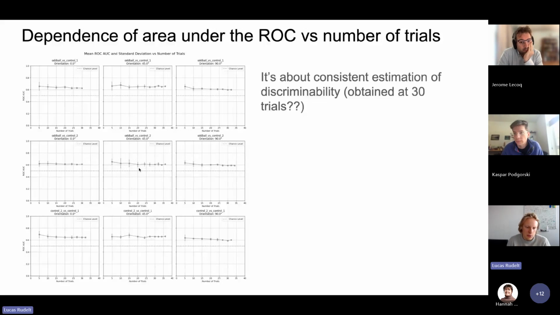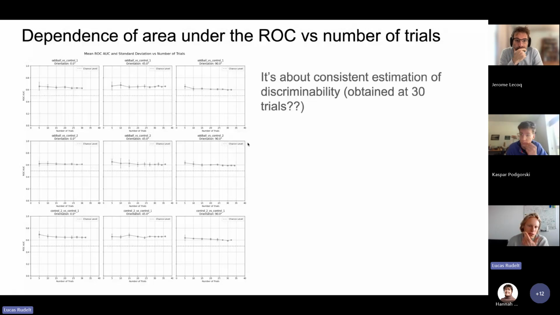So for our experiments, we would want to be in a regime where we definitely do not have this estimation bias. Essentially when the curve has flattened out, and ideally also when the error bars are very small, so that we can be certain we can estimate how well one can discriminate these different conditions. But the standard deviation, I think it's really hard to interpret right now.